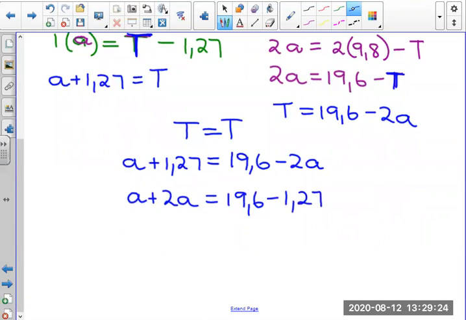So then I have 3A equals 19,6 minus 1,27. So I got an acceleration of 6,11 meters per second squared. And because acceleration is also a vector quantity, I must give the direction, and that would be to the right, as you can see there.